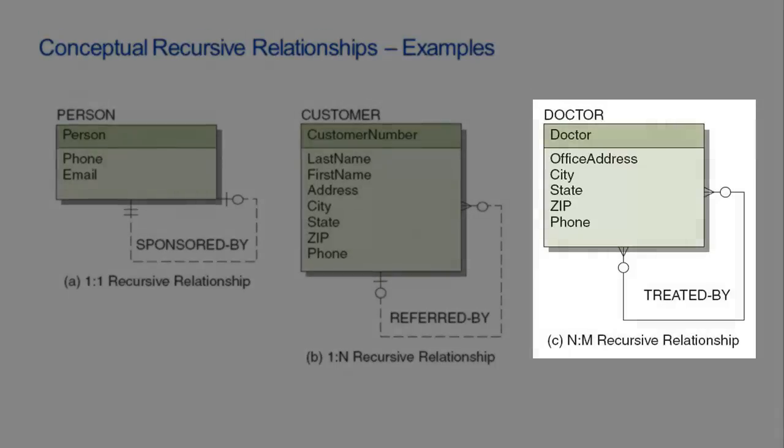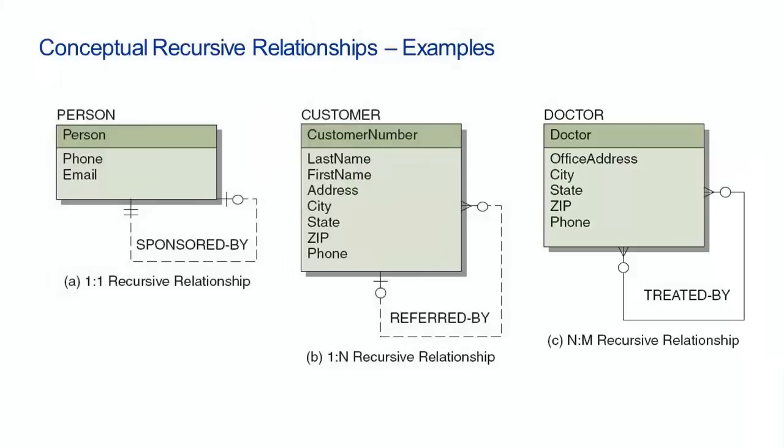And finally, we have a many-to-many recursive relationship in which a doctor might treat many other doctors, while each doctor might be treated by many other doctors as well. This is conceptually a many-to-many recursive relationship.